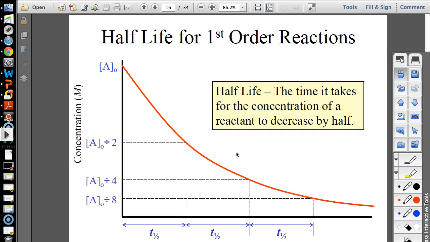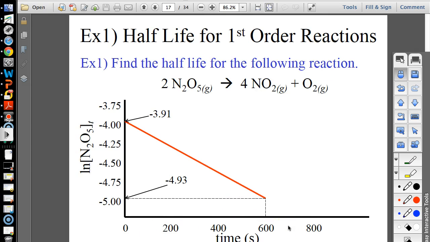And the half-life is the time it takes the concentration of a reactant to decrease by half. Divided by 2 is 1 half-life, and you can see it's the same distance. The half-life is constant.